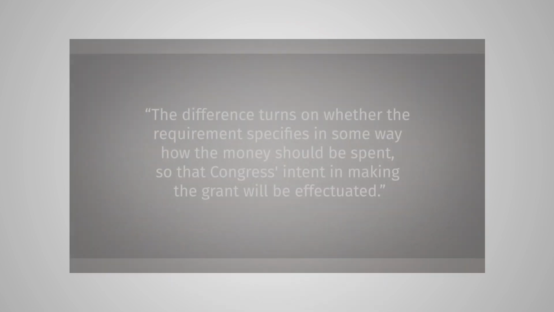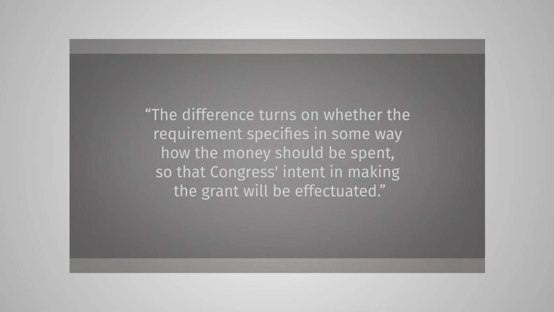The best way to understand what Justice O'Connor meant by germaneness is to distinguish between a spending requirement and a regulation. As she explained, quote, the difference turns on whether the requirement specifies in some way how the money should be spent, so that Congress's intent in making the grant will be effectuated.